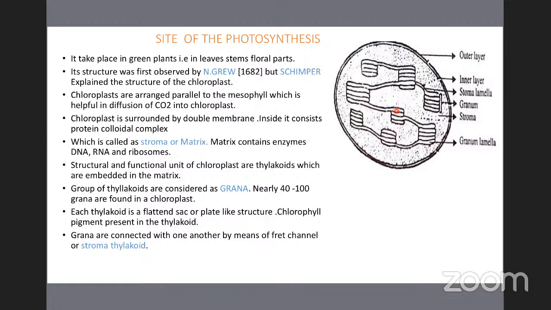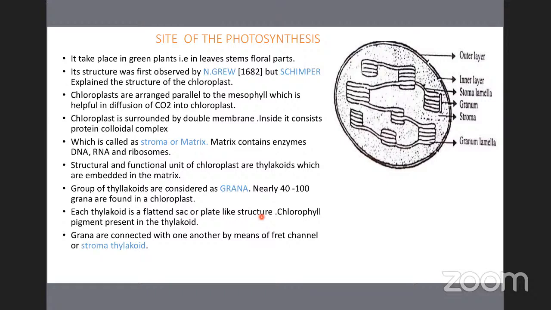Then, if we observe the structure of a thylakoid, each thylakoid is a flattened sac-like structure or plate-like structure. Usually we use a plate for putting something or arranging food stuff in our daily life.